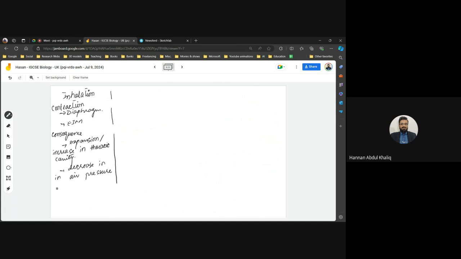And you can make another heading, movement of air. That is another heading. First, these are the headings.